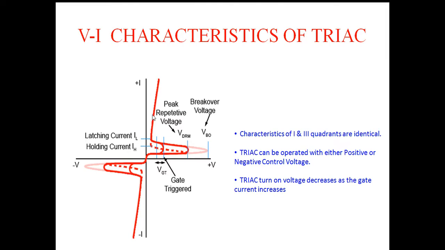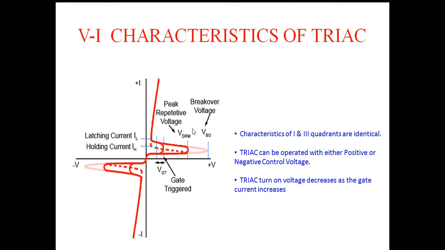But if we observe, the characteristics of quadrant 1 will be similar to quadrant 3. Here in the triac, we can have control in both quadrants, quadrant 1 and quadrant 3.